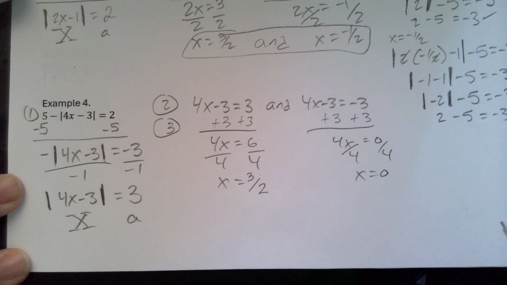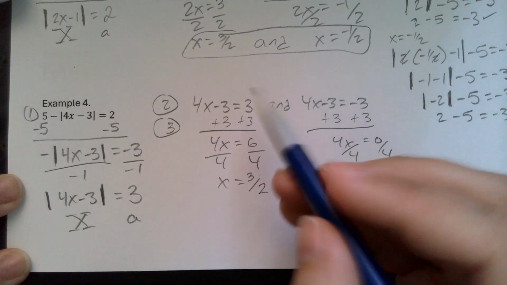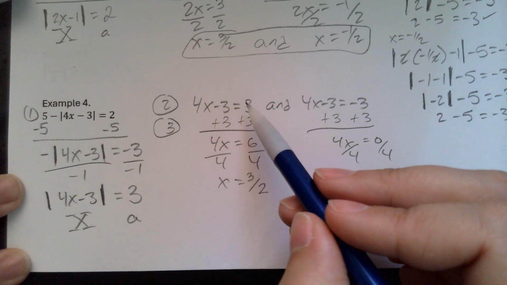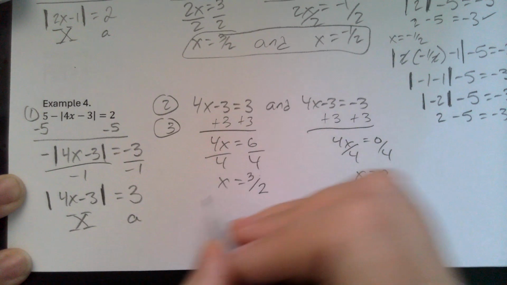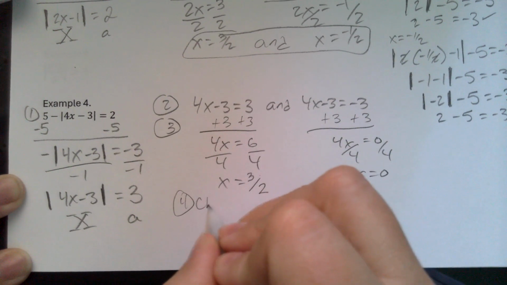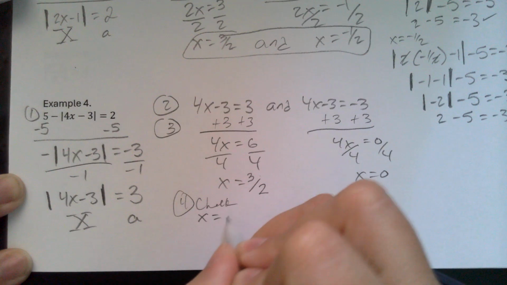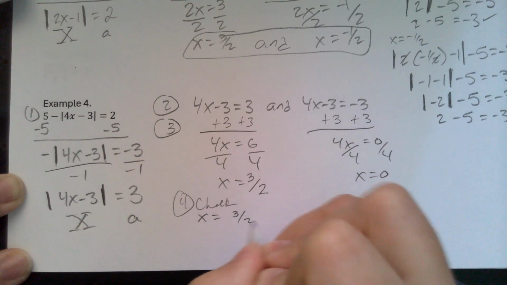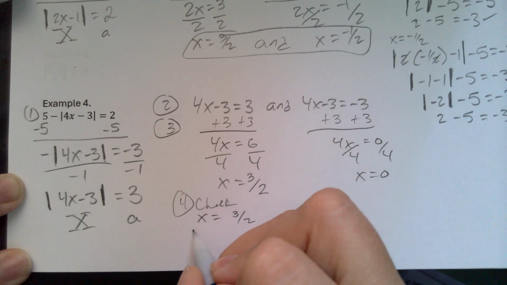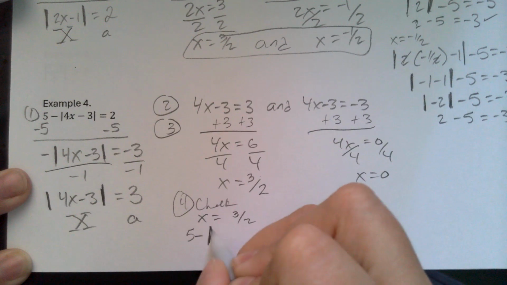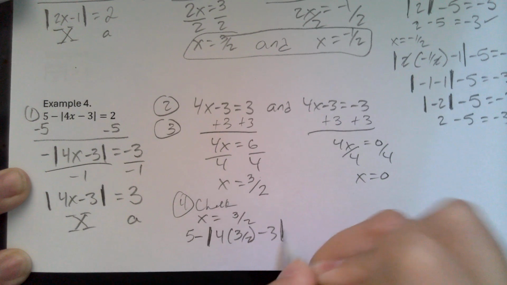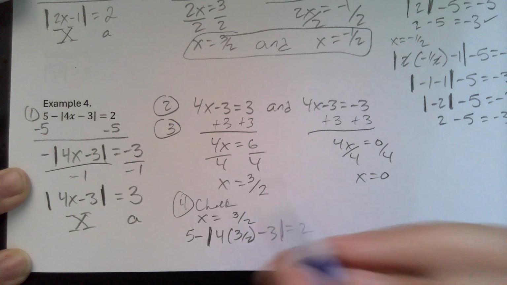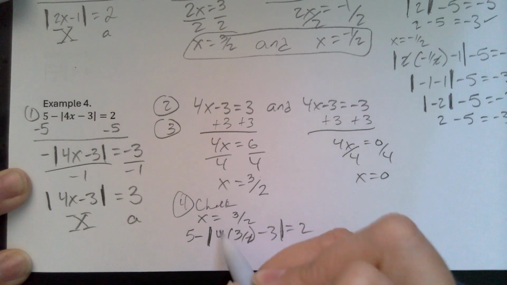Now, let's check our solutions. And check that x equals 3 over 2. So I get 5 minus absolute value of 4 times 3 over 2 minus 3, because the absolute value equals 2. Let's see, that 2 goes away.